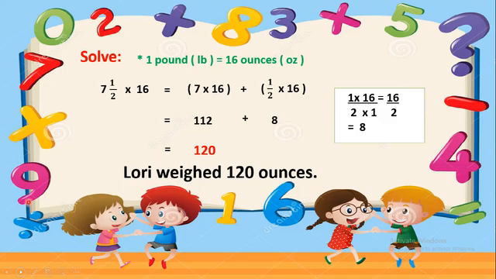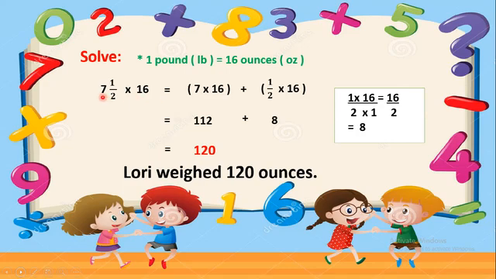So look at here. We're going to write first the conversion unit for that. 1 pound equals 16 ounces. So we are going to write here the 7½, which represents the pounds, times 16, which is the ounces. Okay? So now we are going to use the distributive property to solve this.